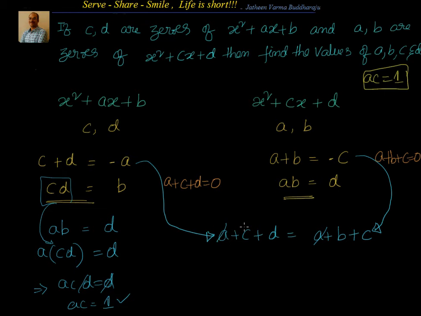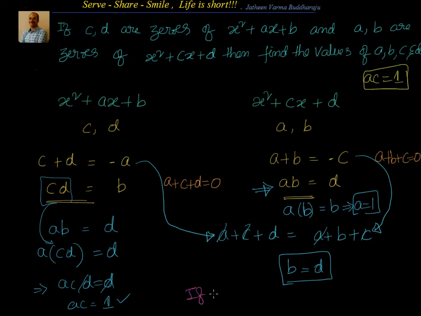You will have a and c cancelling out, and we'll have b equal to d. Now let's take this b equal to d and substitute in ab equal to d. We'll have a into b equal to b, because b equal to d, that gives me a equal to 1. So if a equal to 1, then c is equal to 1 by a, that's equal to 1.